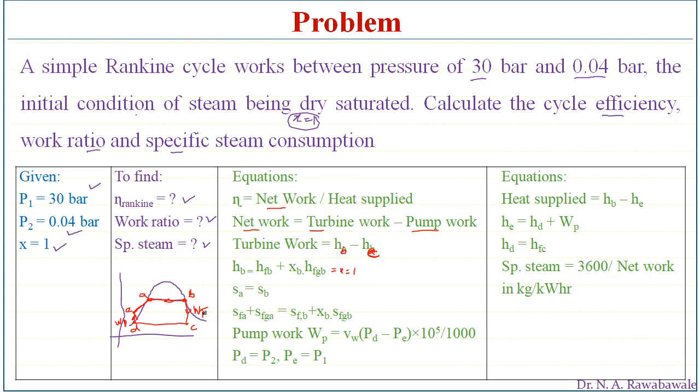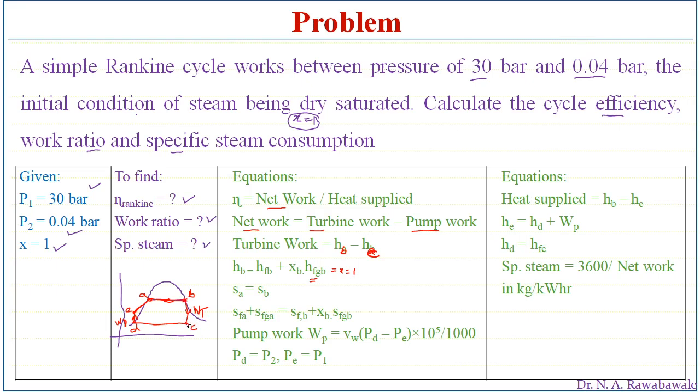So we will continue with this. At point B, we can find the enthalpy directly, but to find the enthalpy at point C we must know the dryness fraction at point C. The dryness fraction at point B is 1 because the steam entering the turbine is dry saturated.